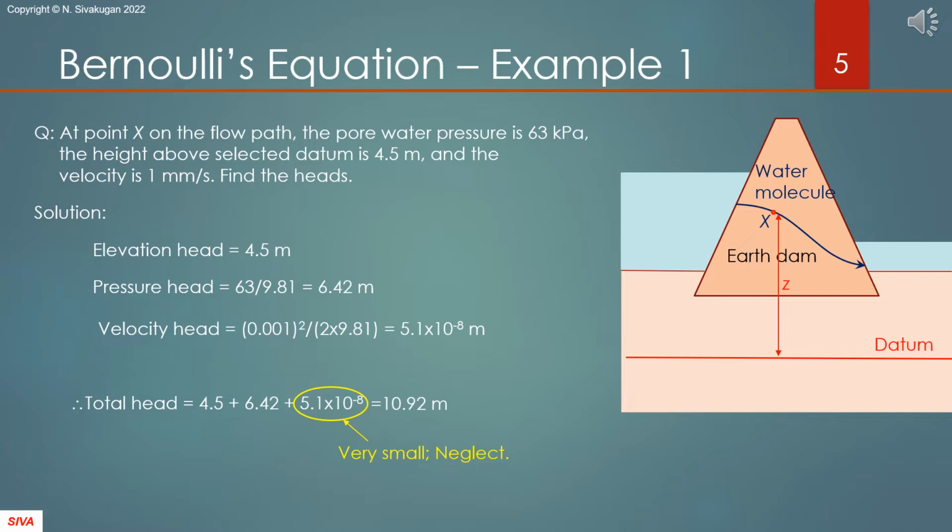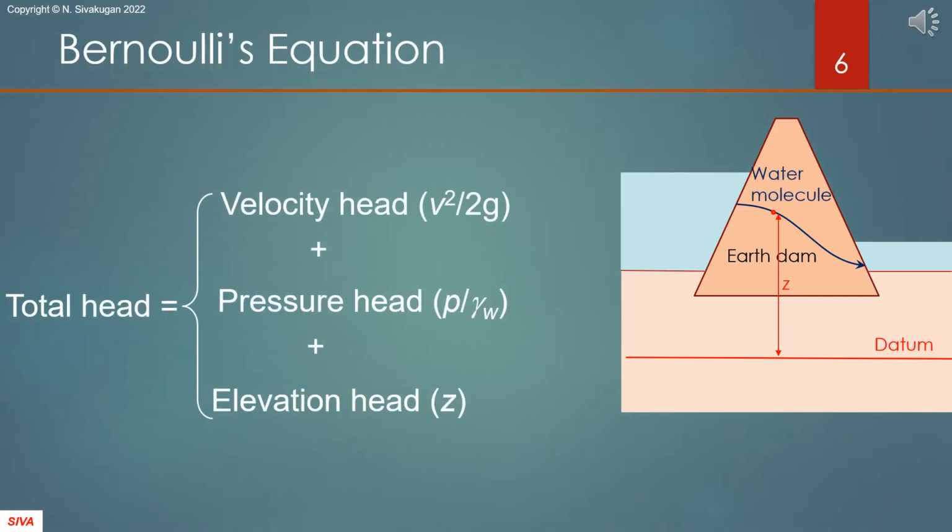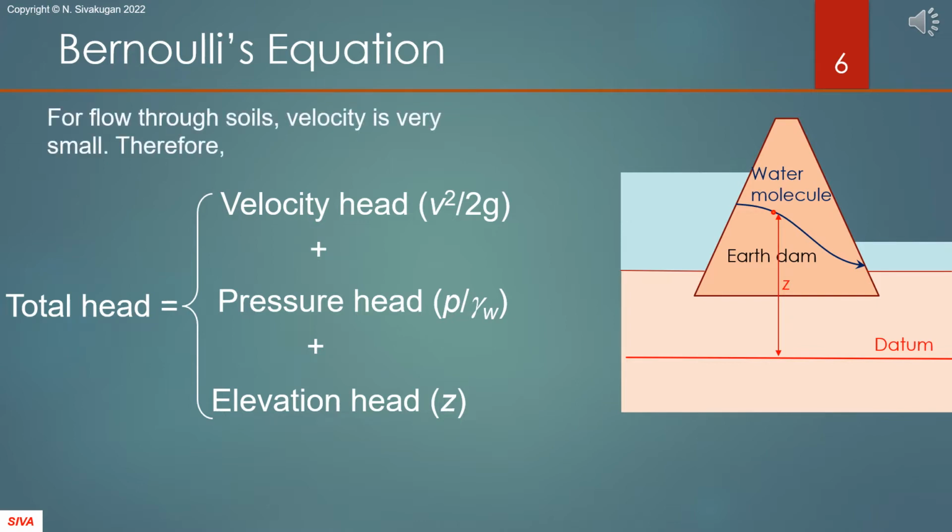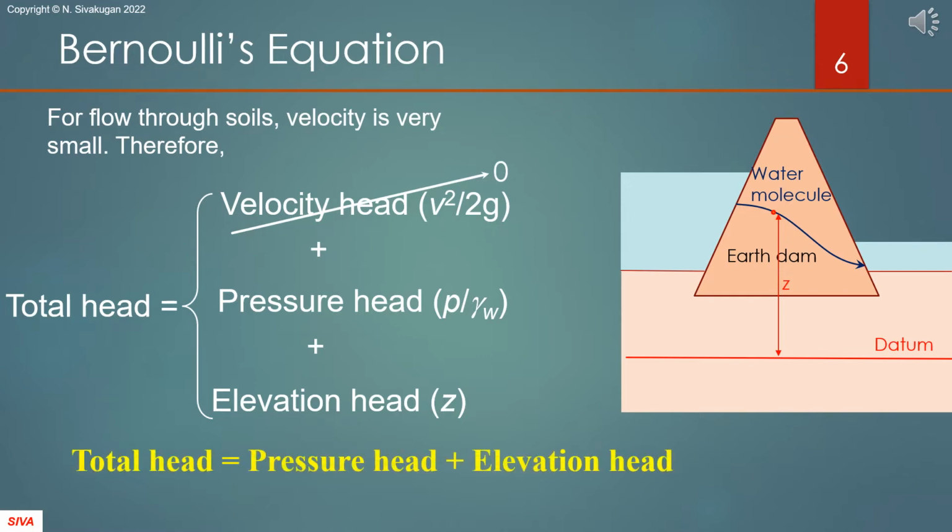From this numerical example, we see that velocity of flow is small and hence the velocity head becomes negligible compared to the elevation or pressure head. Therefore, for flow through soils, we can neglect the velocity head and say total head equals pressure head plus elevation head.